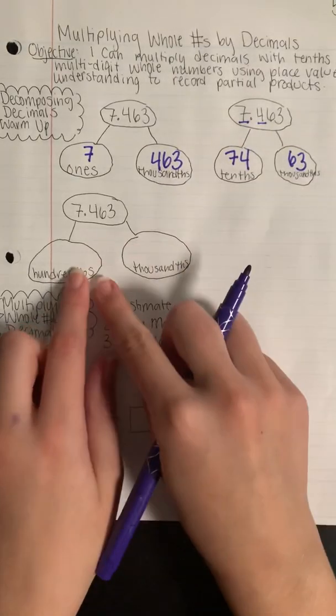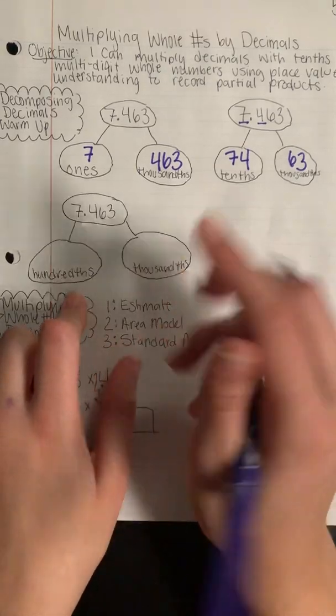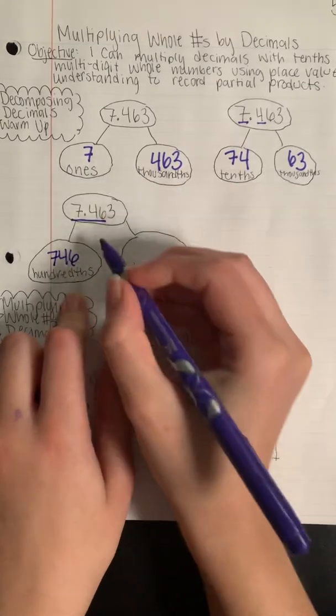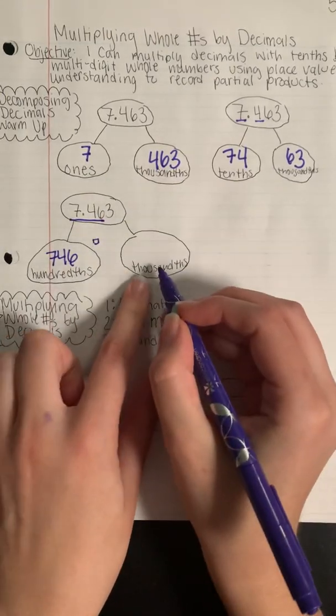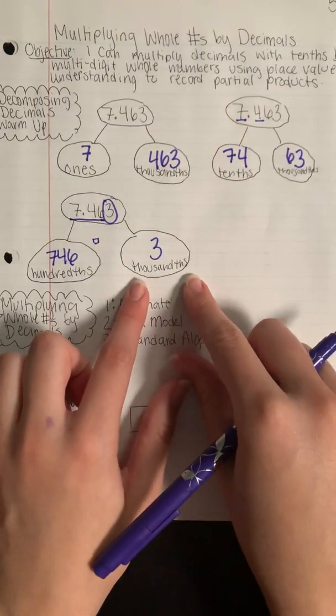If I wanted to break this decimal up into hundredths and thousandths, I would have 764 of those little hundredth squares, and I would have only three left of my thousandths.